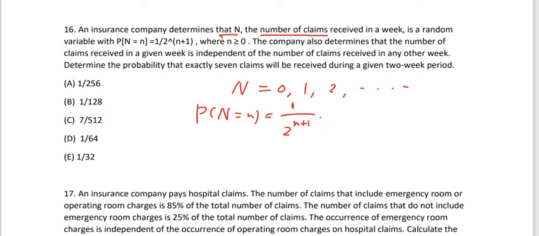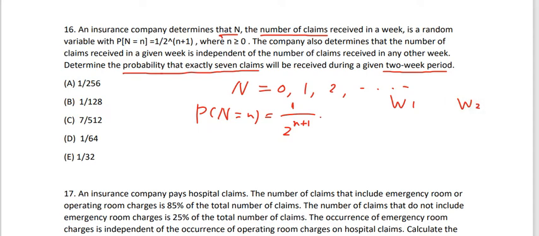So here, what we want to find is the probability that exactly 7 claims occur, but this 7 is over a 2-week period. So we can say week 1 and week 2, with a total of 7.